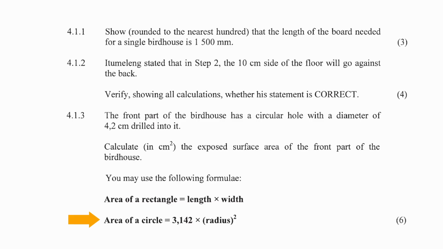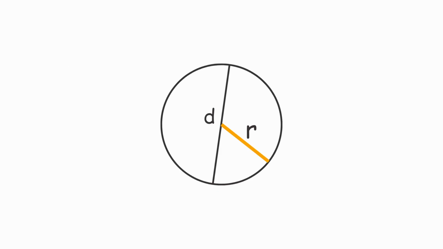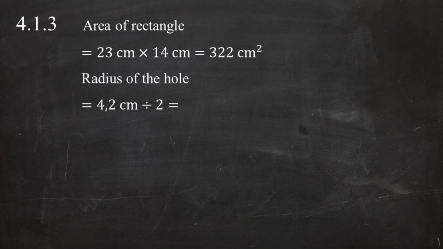From the formula for the area of the circle, we see that we need the radius of the hole. We are given the diameter of the hole, so we need to convert the diameter to the radius. Now, the radius of a circle is half the diameter of that circle. So the radius of the hole equals 4,2 divided by 2, and this equals a radius of 2,1 centimeters.